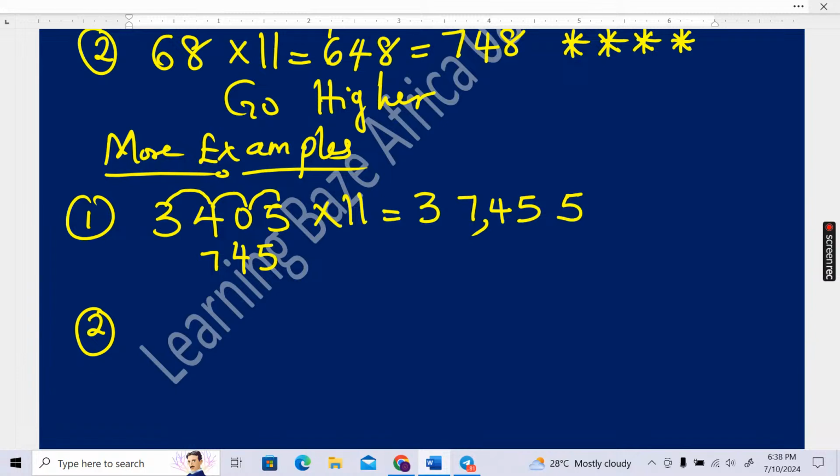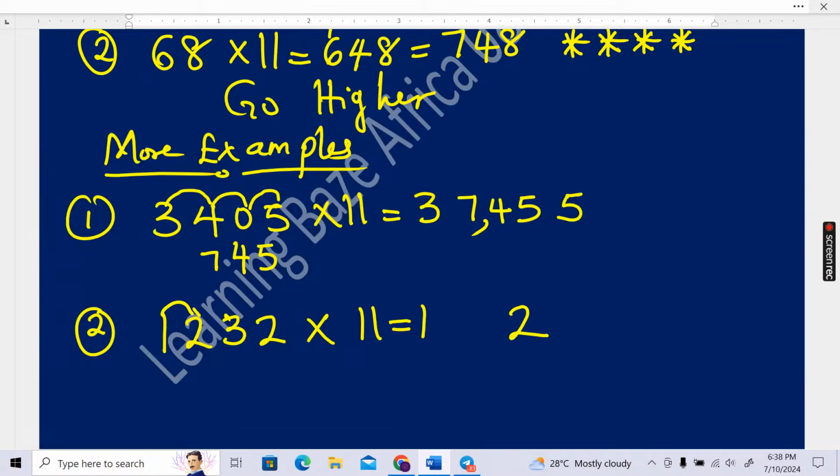This is the next example. 1,232 times 11. We are going to do the same thing. So we'll write down the first digit and the last digit with a space in between. Then we come back to the numbers. We begin to add the digits to each other, beginning from the left to the right. You can also try from the right to the left, all right?